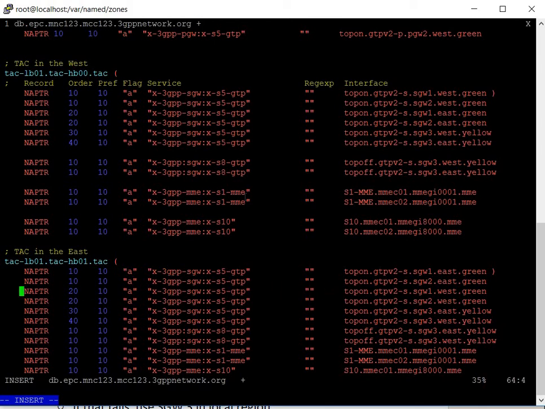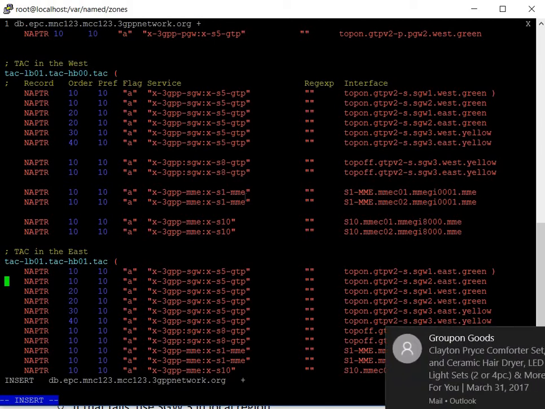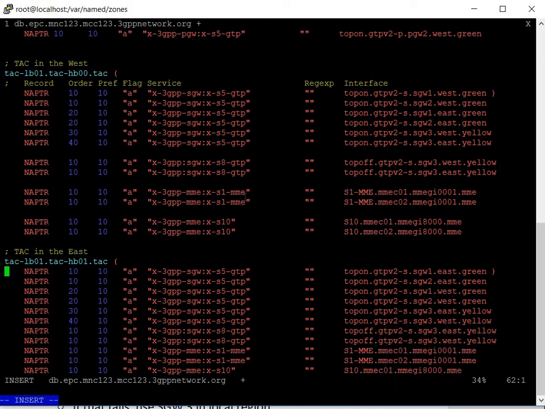And for P gateway, I care about topological closeness, so I'm going to match the greens, and I'm going to say within green, my West is closer than the East. Just to be clear, when I say topological closeness, what I mean is that they'll go from right to left in DNS hierarchy and go for the longest match.